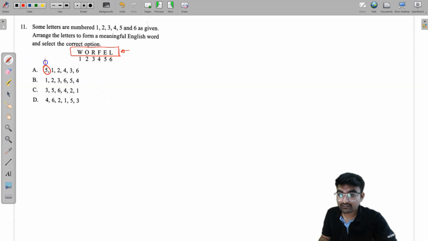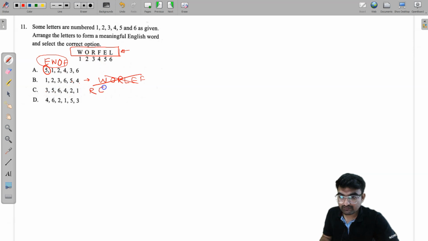Now 5 means E, 1 means W, 2 means O, then 4 is F. I don't guess any word will be E, O, something like that. So let's try the second option, that is W, O, R, L, correct? 5 is for E and 4 is for F. No, not a meaningful word.